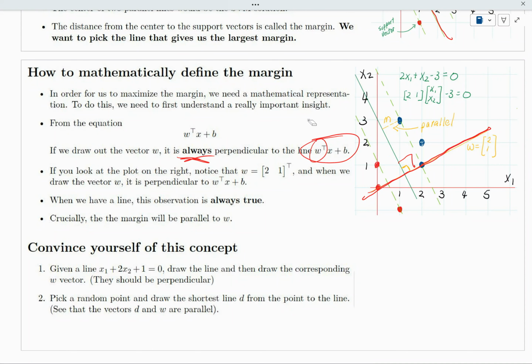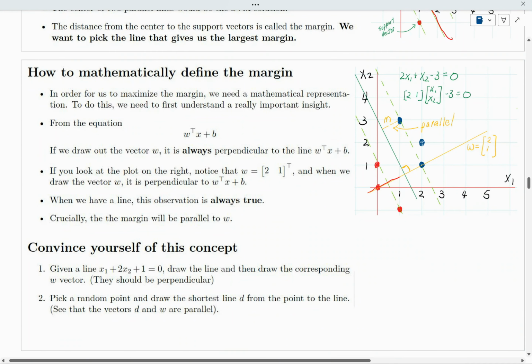Okay. So crucially, notice how this line is parallel to the margin. So this is the same line, pointing in the exact same direction because they're parallel. You have to understand a lot of things simultaneously.